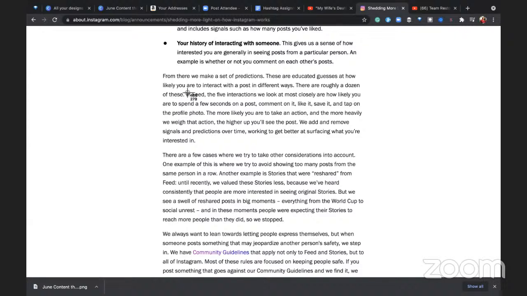The more likely you are to take an action and the more heavily we weigh that action, the higher up you will see the post. We add and remove signals and predictions over time, working to get better at surfacing what you're interested in.